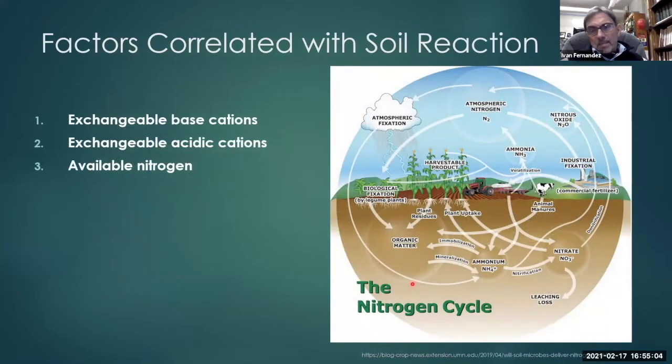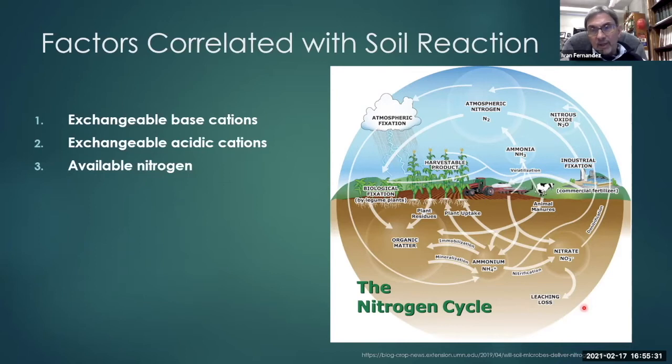Okay, I'll move right along. Factors correlated with pH. Nitrogen's correlated with pH, but for a completely different reason. The transformation of organic matter nitrogen to ammonium and nitrate all depends on microbes, primarily bacteria, which are the most effective at it, and they are really sensitive to pH.